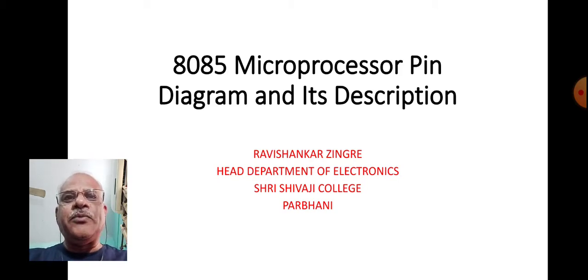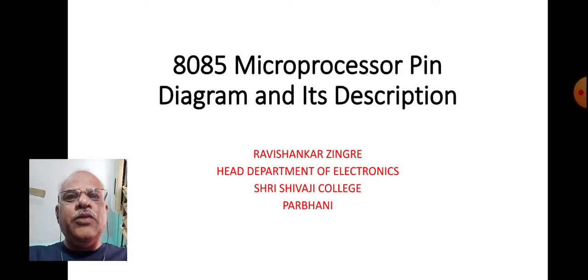I have decided that in a single lecture, from the third lecture, I will discuss 10 slides on the microprocessor. It will take about 15 or 16 minutes to discuss the 10 slides I have prepared for you. In the fourth lecture, I will again introduce 10 slides, and so on. So let us begin with the microprocessor 8085.